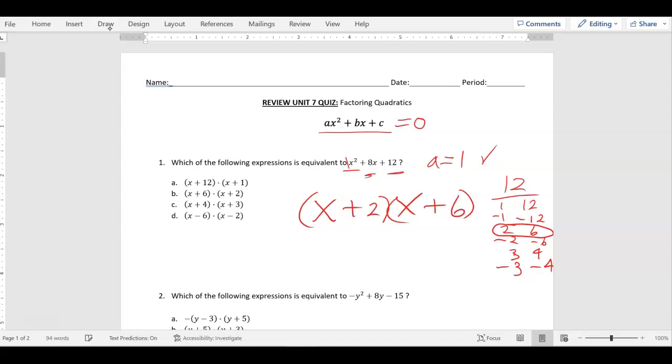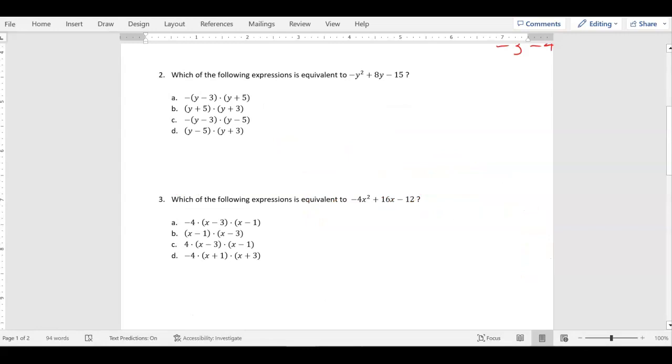Remember, that's how we do what's called factoring, and factors are equivalent. So when you say equivalent, we want you to factor, and when you factor, you're going to do it this way. So the answer we end up getting is not D, but it's letter B. Okay.